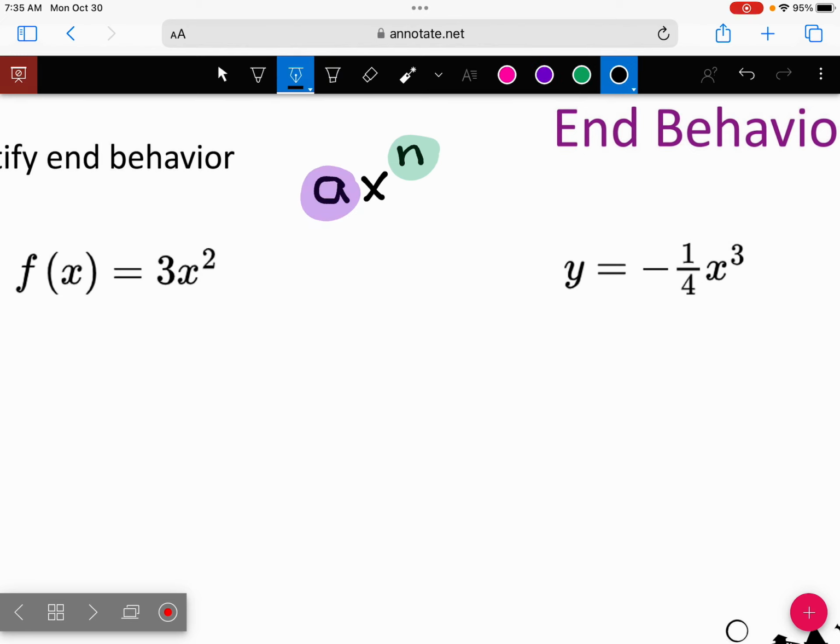Just trying to keep color coding consistent. So our degree was what on this one? 2. And our leading coefficient, I'm just going to put LC. What was our leading coefficient here? 3. So my degree, is it even or odd? Even. 2 is an even number.